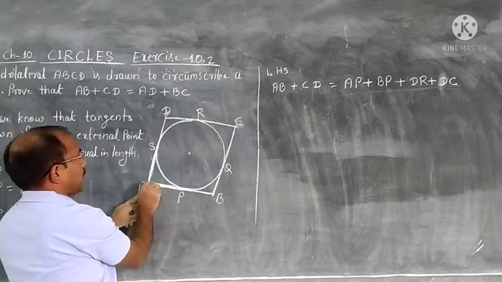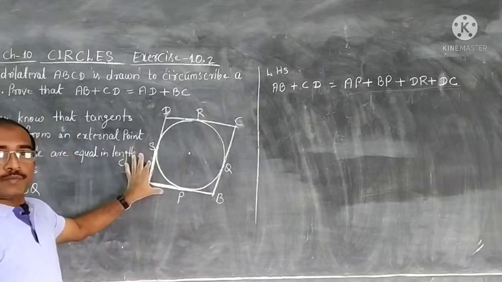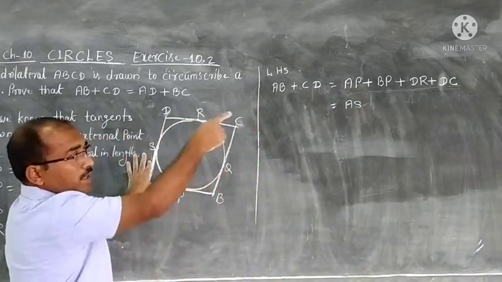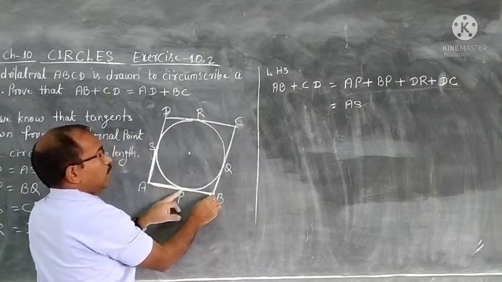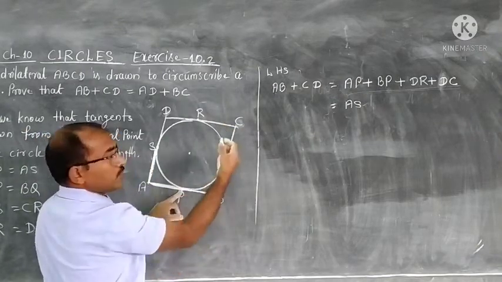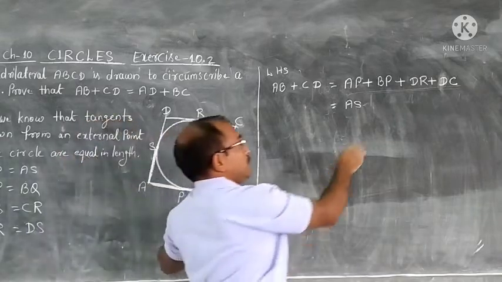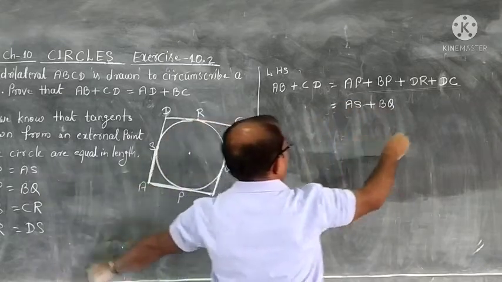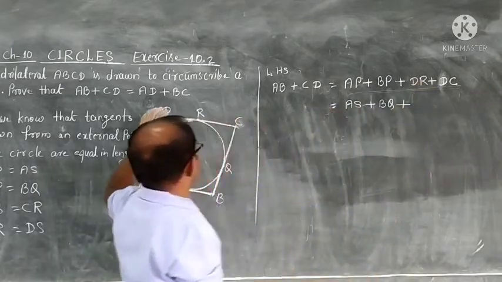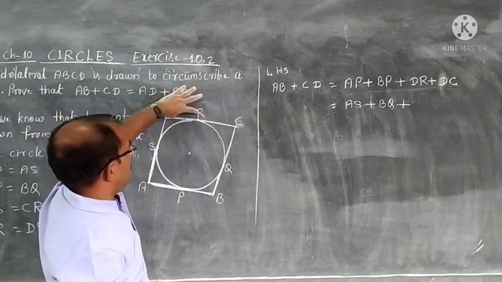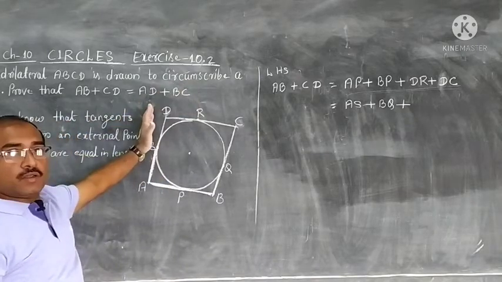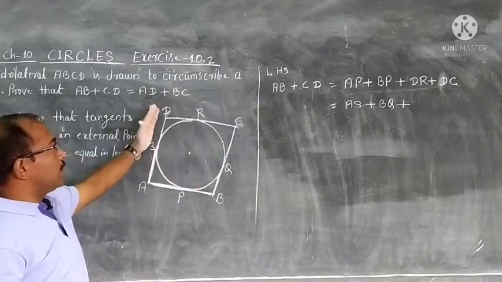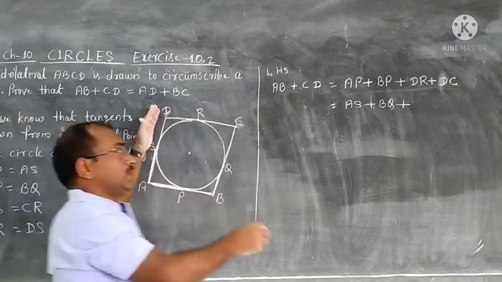AP, from AP we can come to AS because they are equal. So we will change AP into AS. Next is BP. BP is this, but we have to come to this side. BP is equal to BQ. We will use that. The reasons we have already written in the beginning. Plus DR. DR is here only. We have to come to this side. We have to prove this plus this is equal. So DR is equal to DS.